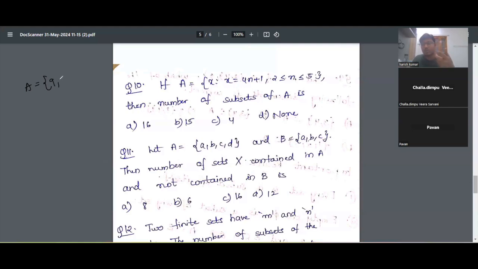I just have to figure out how many elements there are. n runs from 2 to 5, including both, so there will be 2, 3, 4, 5, which is 4 elements. So set A contains 4 elements. The number of subsets will be 2 raised to the power n(A), that is 2 raised to the power 4, which is 16. I just have to find how many elements lie in the set A. That's it.